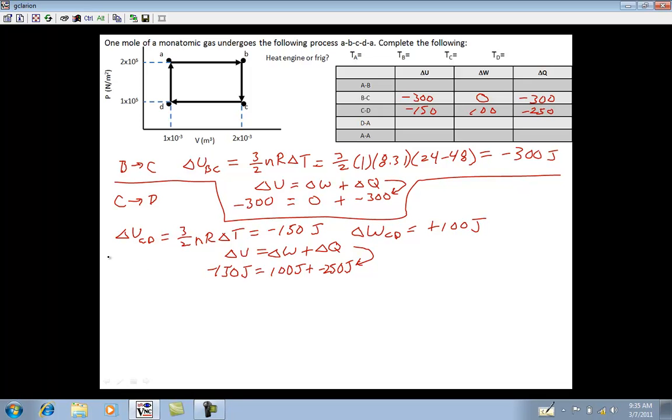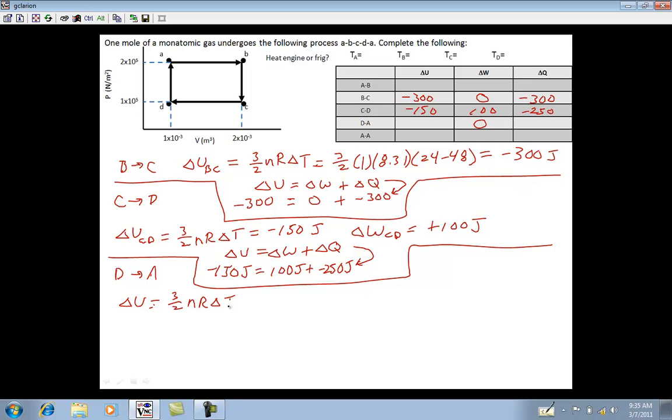So let's go D to A now. That's the easy one. What's easy on D to A? Work is 0. We could figure out delta U using 3/2 nR delta T, and because I have these values, I'm just going to give that to you.